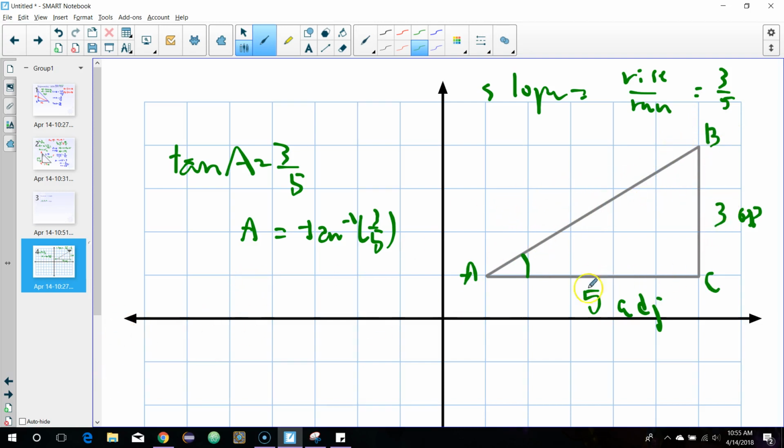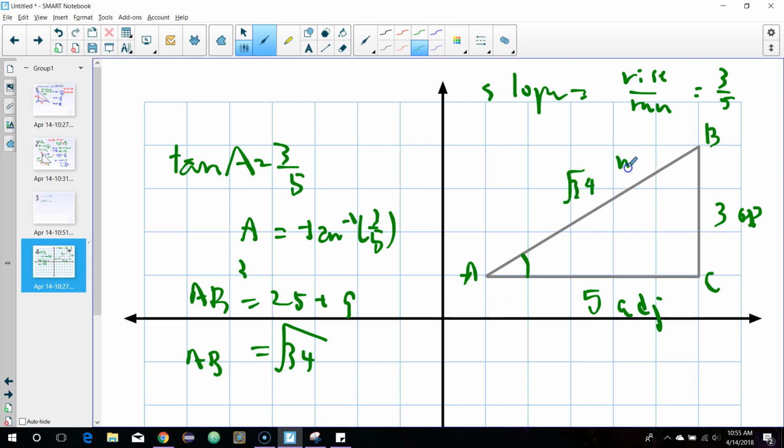You should be able to do a Pythagoras theorem on it. So AB squared is going to be 5 squared is 25, 3 squared is 9, 34. So AB is square root of 34. So if you want to use another method instead of the tangent, you will have to find this side.